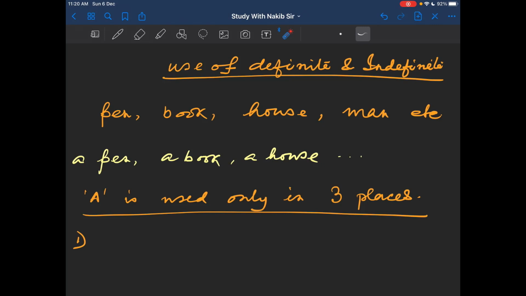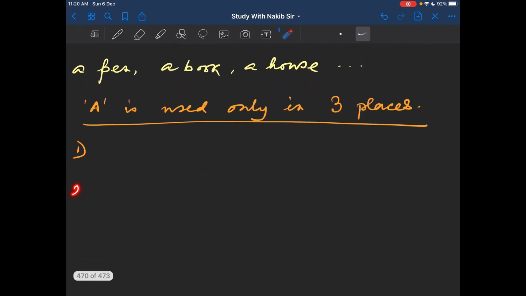This is number 1. And number 2, a can be used also before those nouns that begin with vowels. Looking exceptional, but a is used also before those nouns that begin with vowels. But one condition is there.